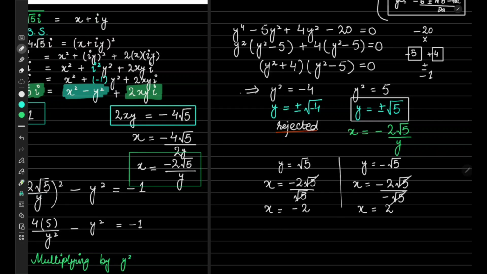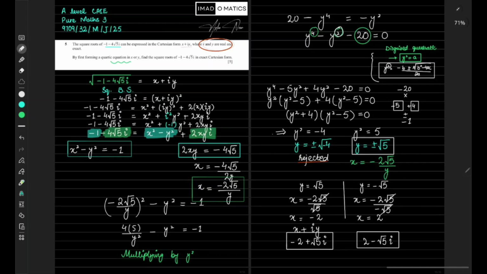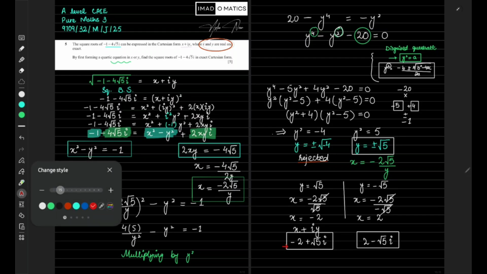So that becomes x plus iota y will be minus 2 plus root 5 iota. This is your one solution, and x plus y iota for this one will become 2 minus root 5 iota. So these are your two solutions. Okay, this is what they are asking you. The square roots of this can be expressed in the Cartesian form. So these are the two Cartesian forms that they are requiring from us.